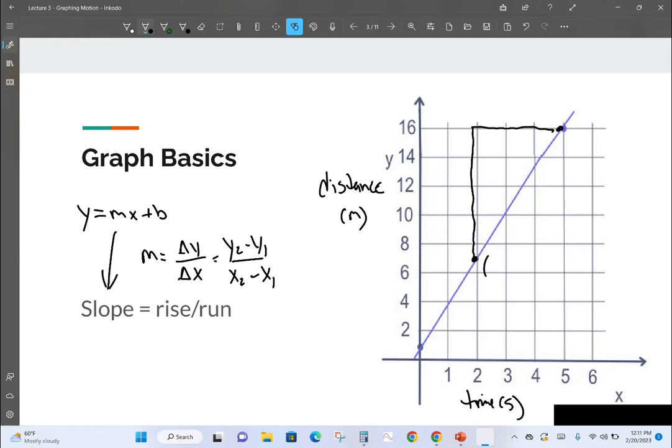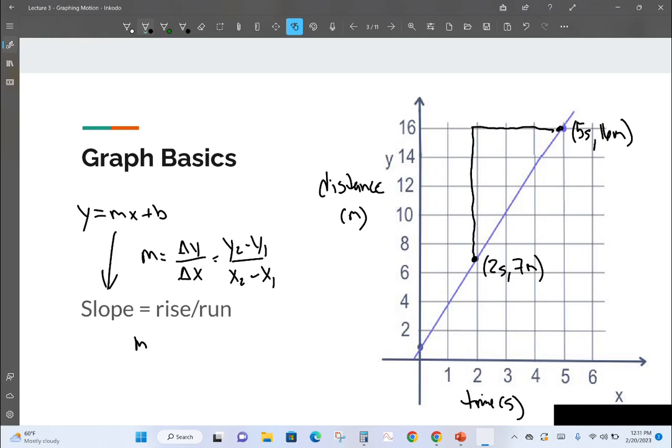So our point 1 would be 2 seconds and 7 meters, and our point 2 would be 5 seconds and 16 meters.